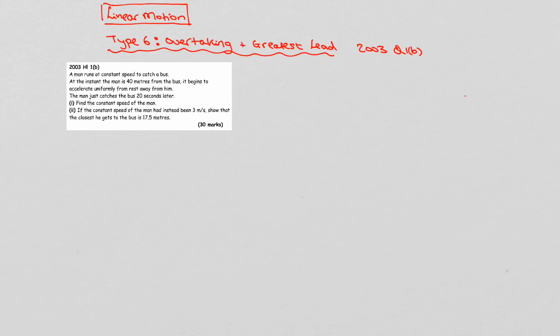So if we draw a little diagram to represent this, we have the man running to try and catch up with the bus. The bus is 40 metres away.